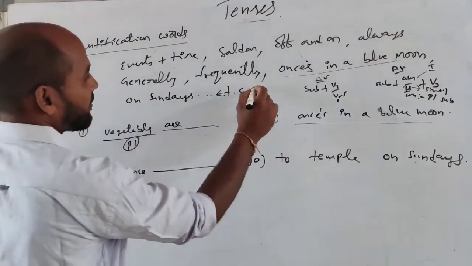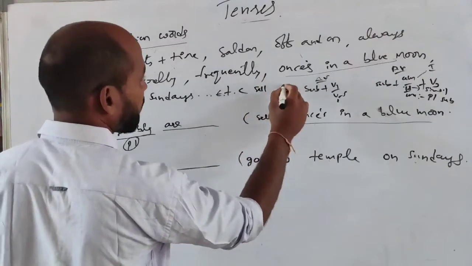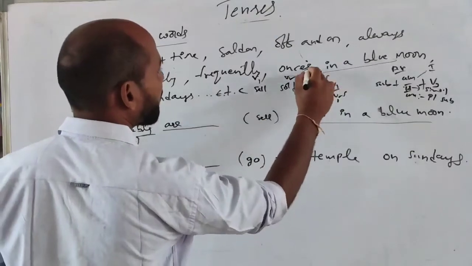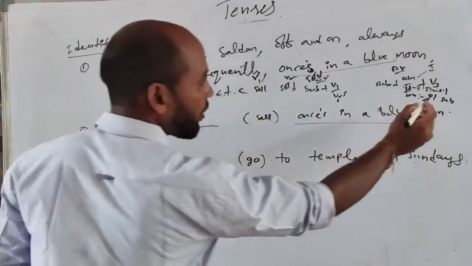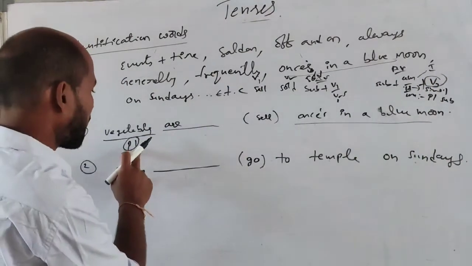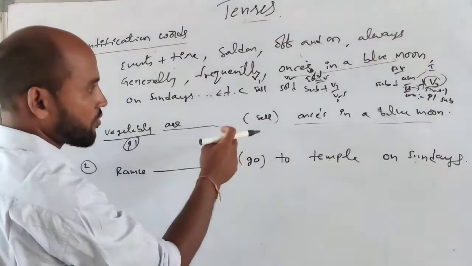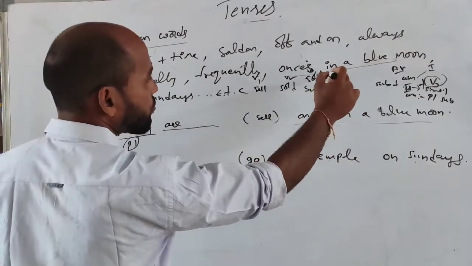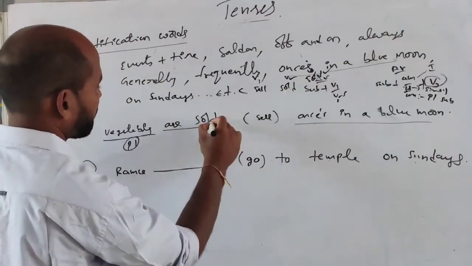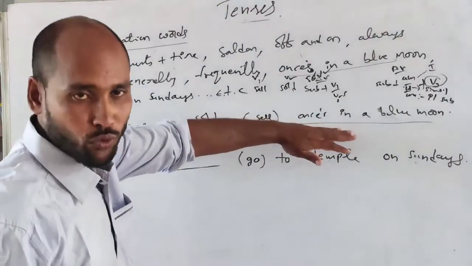Sell is the present tense, sold is V2, and again sold is V3. Here we write the V3 form. The sentence was already given the subject, but not the helping verb and the V3 part. We write sold after the be form. Vegetables are sold once in a blue moon.